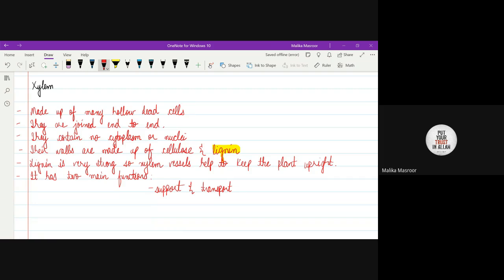The walls contain lignin and it's very strong, supporting the weight of even a heavy tree. In leaves, xylem vessels in a vascular bundle help the leaf to be held flat. That provides a large surface area to absorb sunlight.